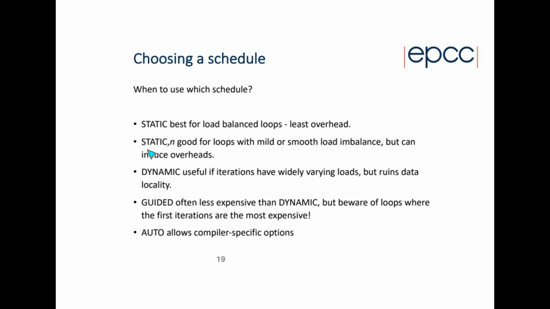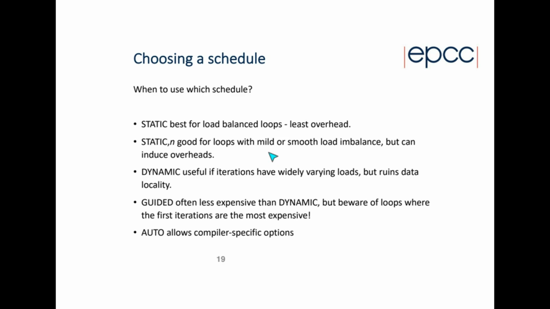Static with a chunk size tends to be good for loops that have some sort of mild or smooth load imbalance. In other words, where there is some correlation between the loop index and the amount of work in the loop iteration. That's a reasonably common pattern.